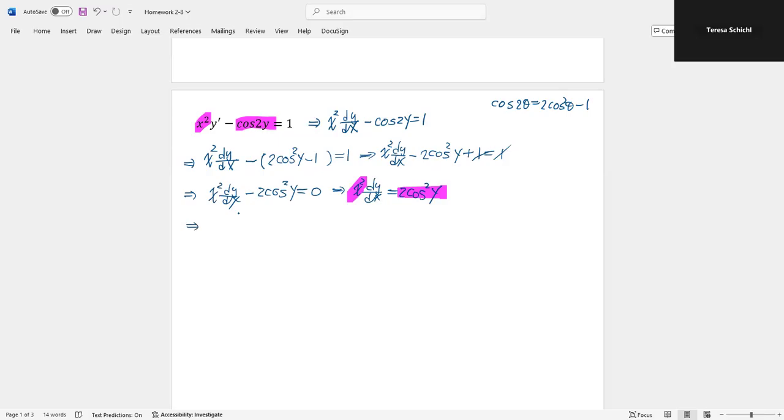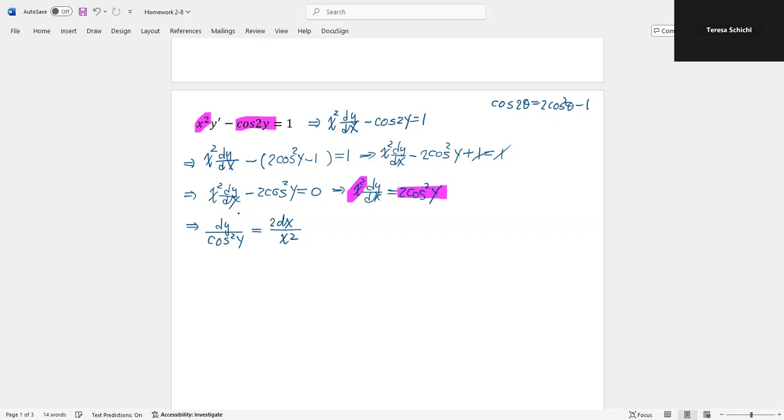This is dy over cosine squared y, equal to 2 dx over x squared.